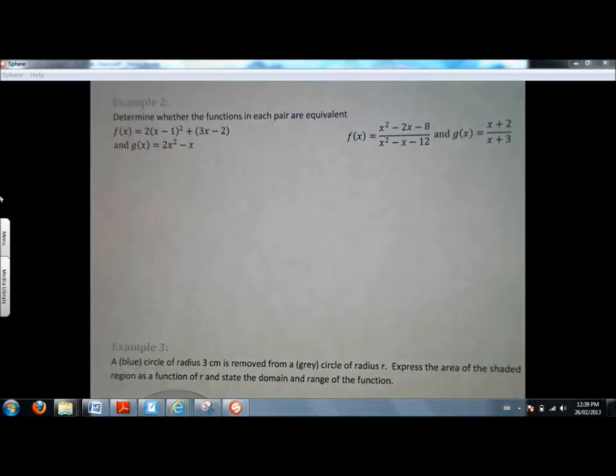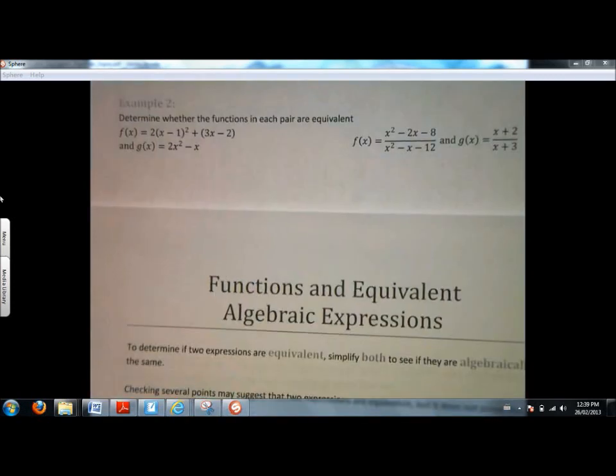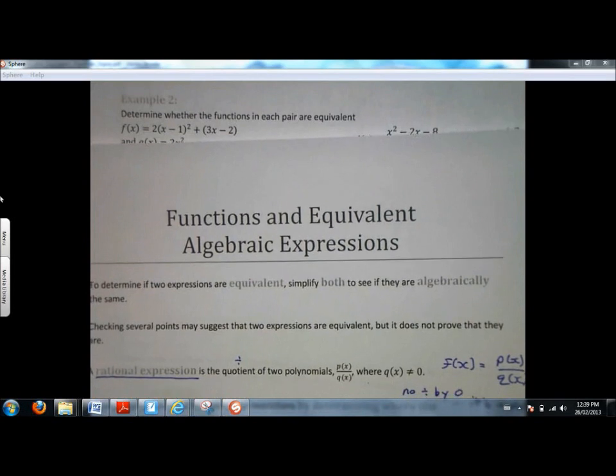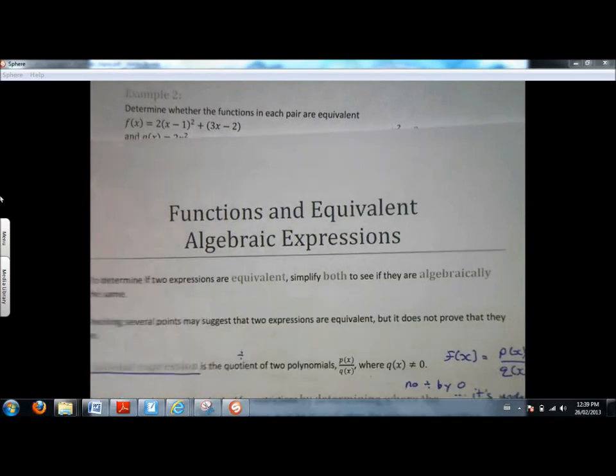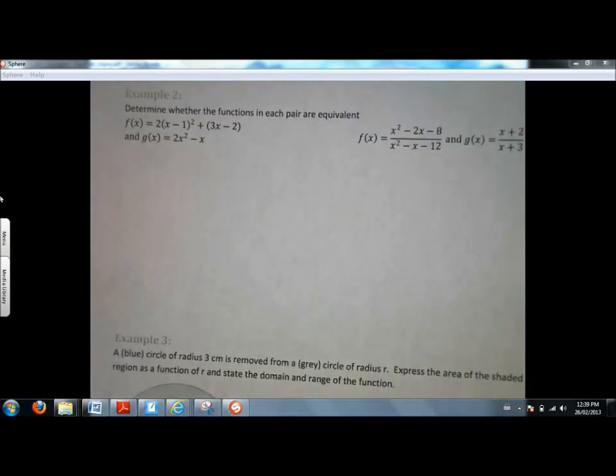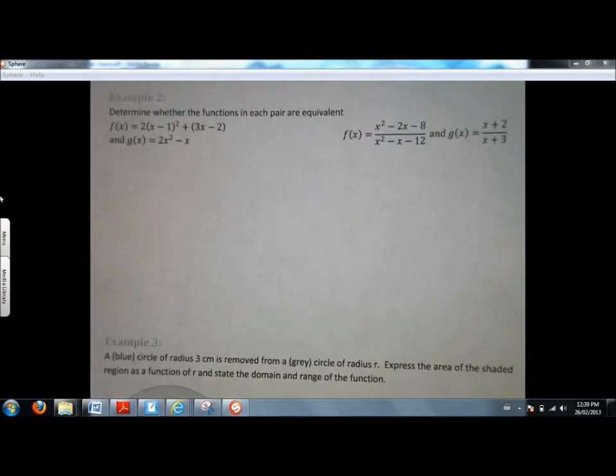So next one, determine whether the functions in each pair are equivalent. Okay, so let's go back to the top of the previous page. We know to determine if two expressions are equivalent, you have to simplify both to see if they are algebraically the same. So simplify. All right. So let's start with f of x. Here we go.